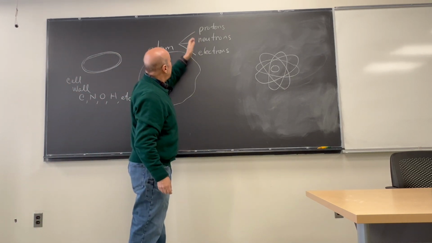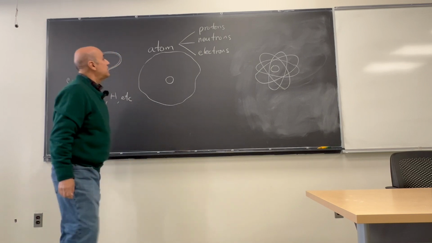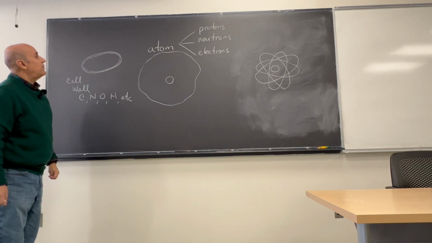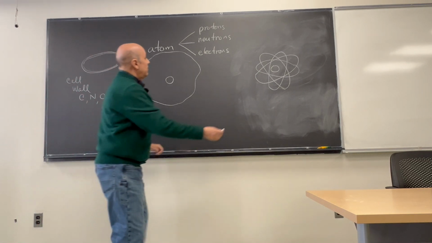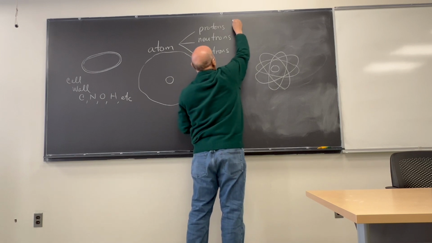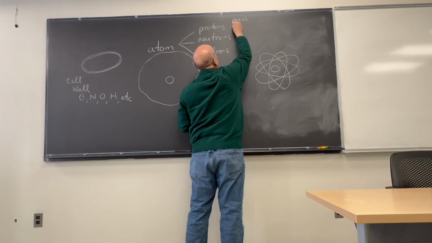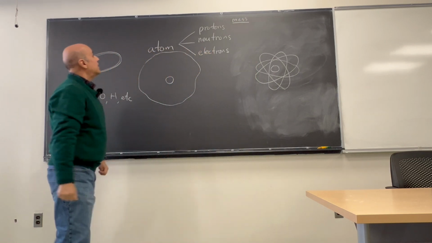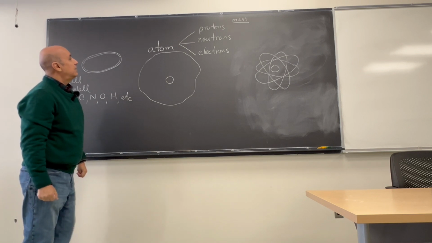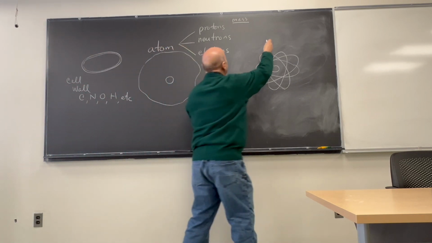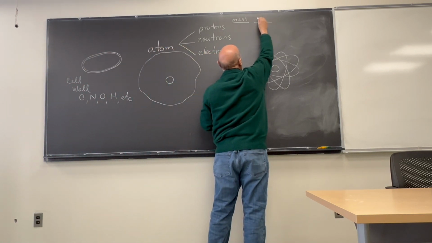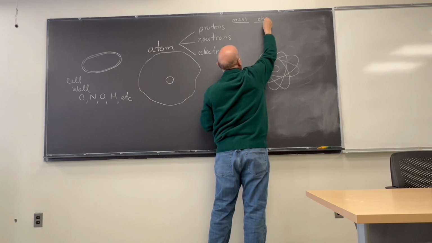Now, how are they, comparatively speaking, similar and different from each other? Well, you need to remember that we're going to describe these ingredients in terms of a mass, but we're also going to describe it in terms of something that we're going to call electrical charge.